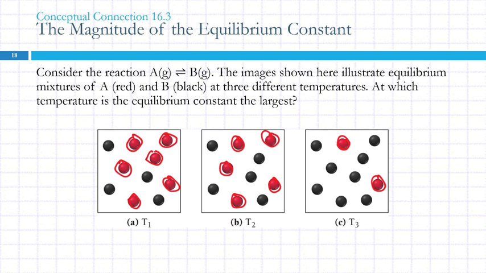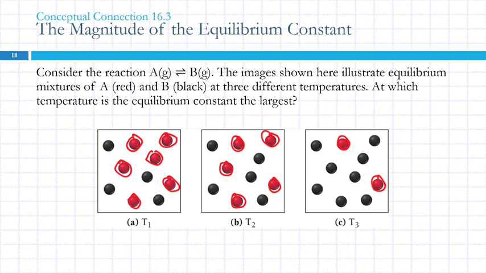Anyway, so here we have this reaction, A in equilibrium with B. A is the red ones and B is the black ones. And we have this at 3 different temperatures. So the equilibrium constant, like the rate constant, can change with temperature.